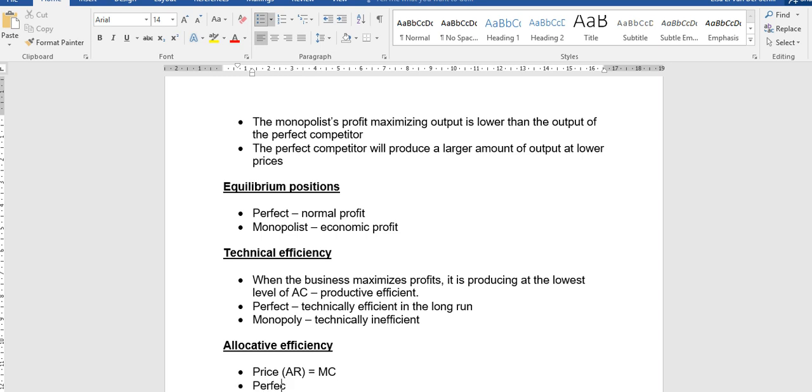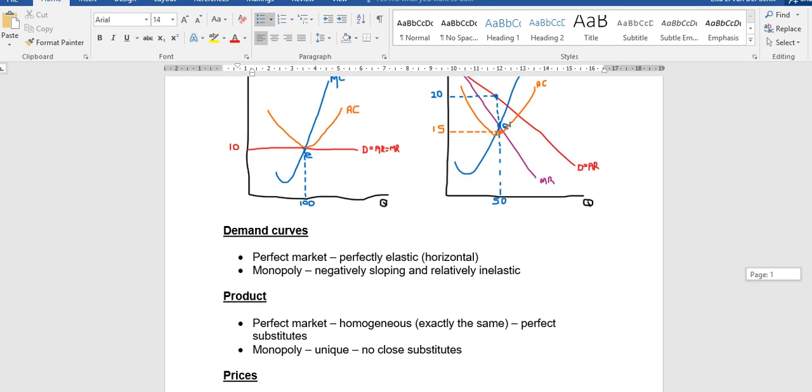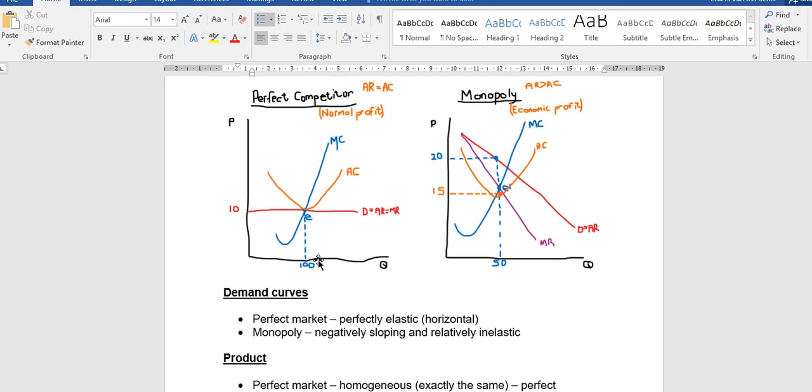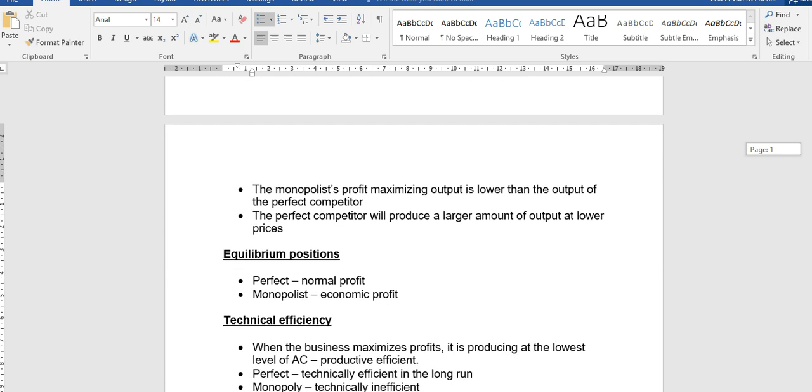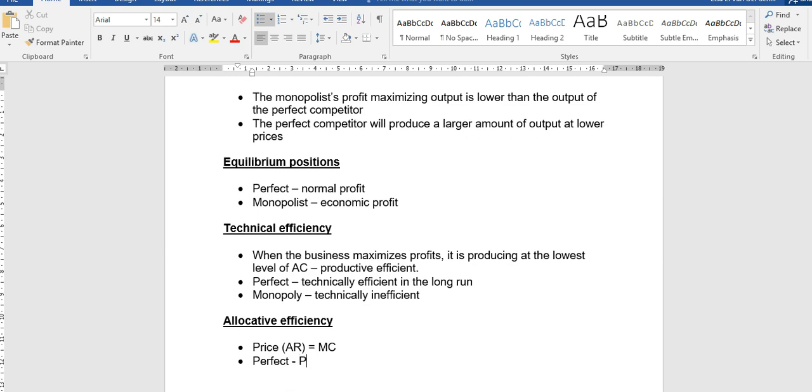So if we look at the perfect market, where he's maximizing his profits, you will see the price is 10 Rand and my marginal cost intersects here as well. So for the perfect market, his price equals his marginal cost, and therefore he is allocatively efficient.